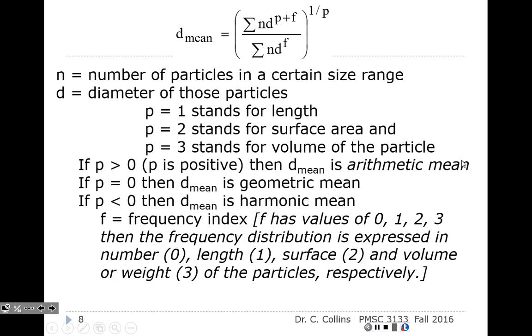P is equal to 3, the volume. So, as far as learning anything here, I don't expect you to memorize or even want you to memorize this, but this is where the components of this particular equation come in.